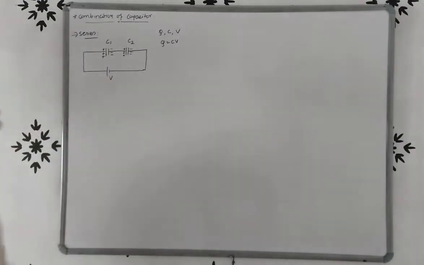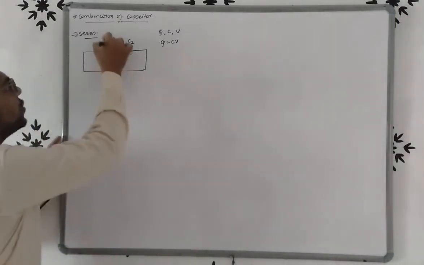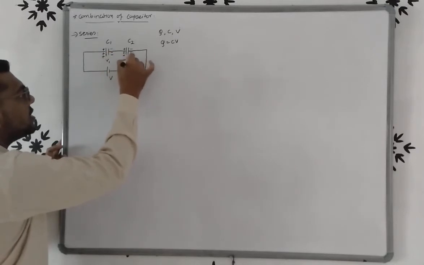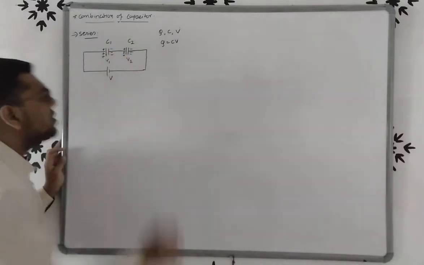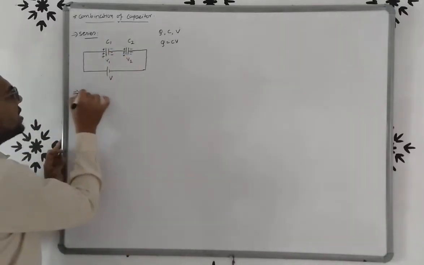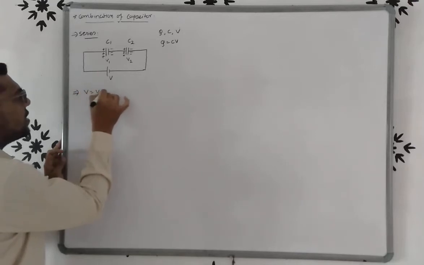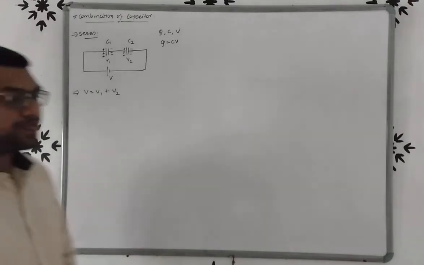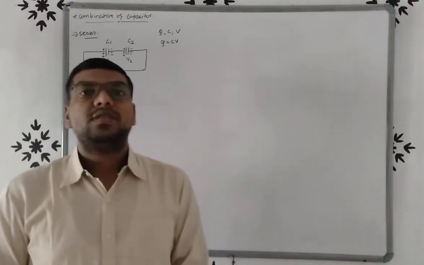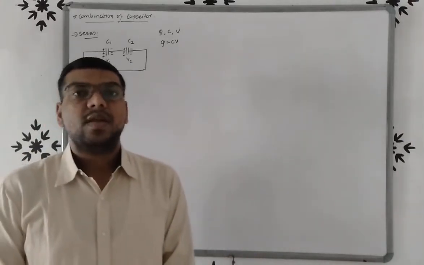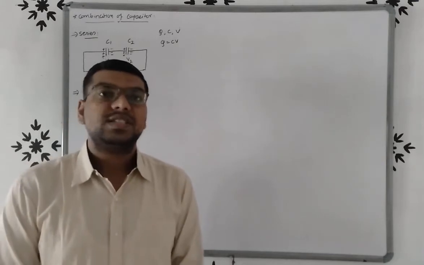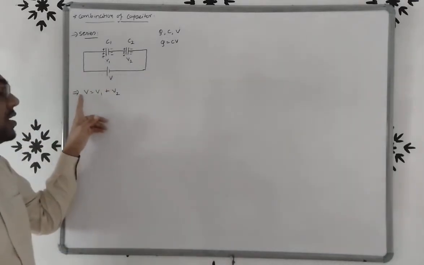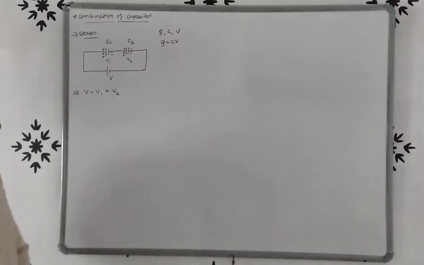Suppose the potential of capacitor C1 is V1 and the potential of capacitor C2 is V2. So we can write V is equal to V1 plus V2. For series combination the potential will change.